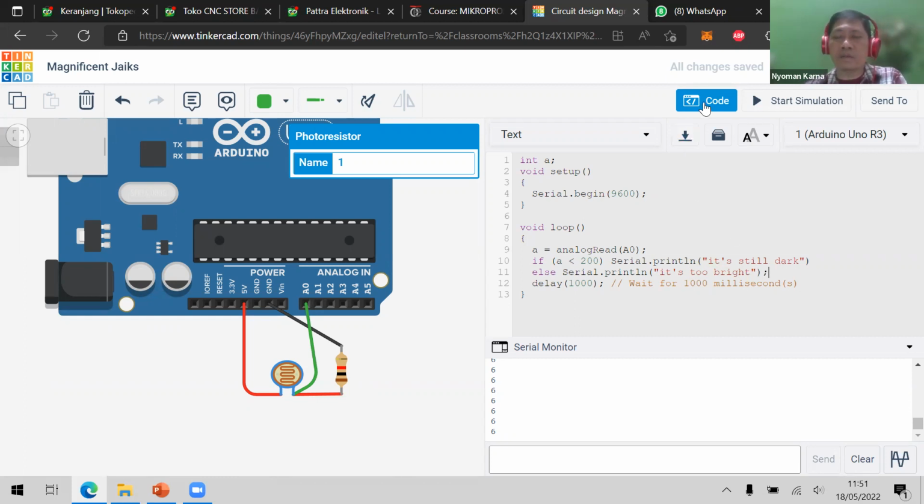So instead of printing out the value of A, now we're going to print out whether it is still dark or too bright.